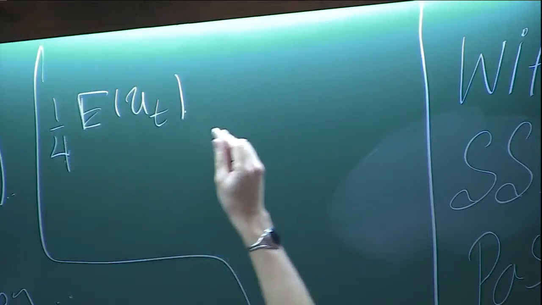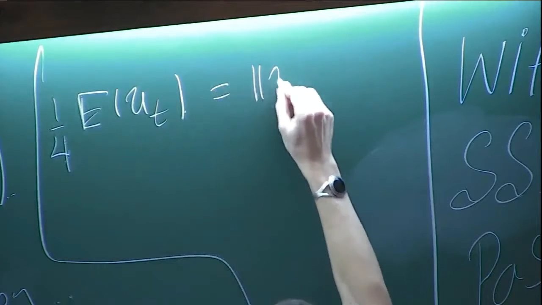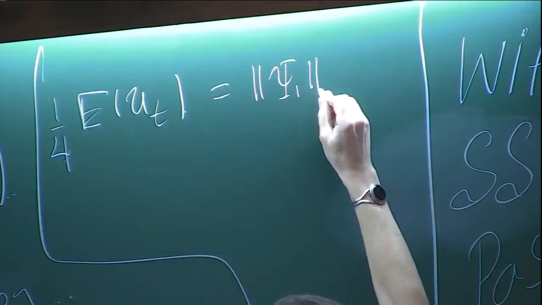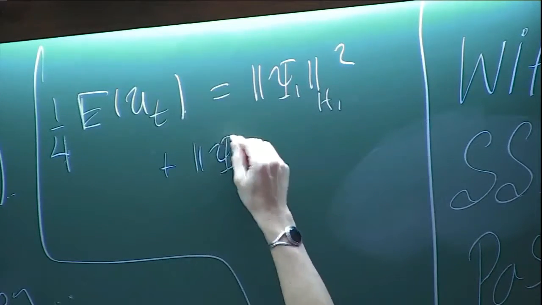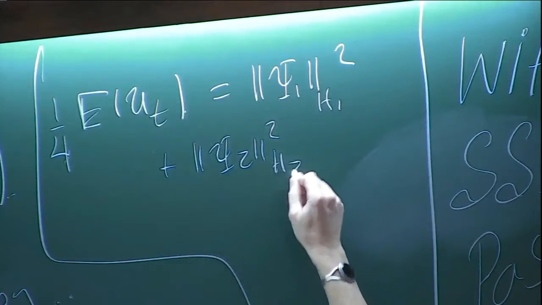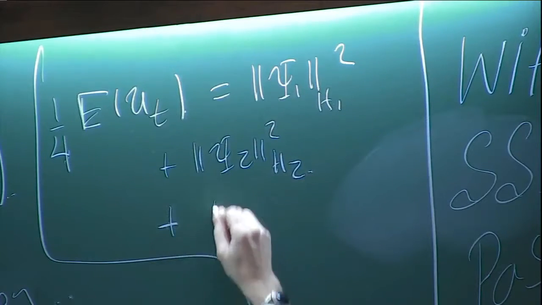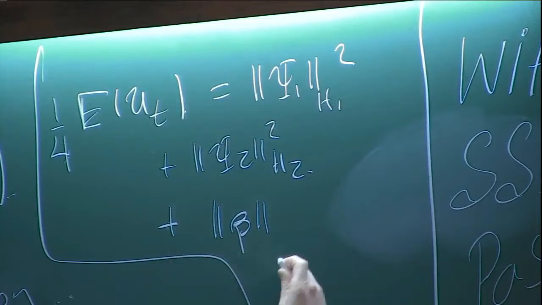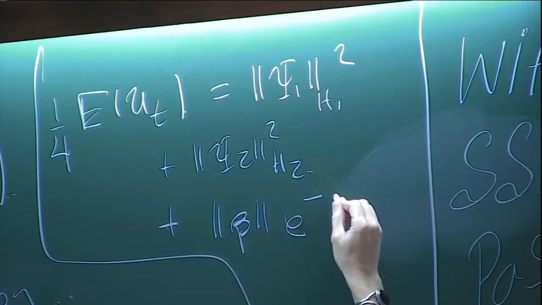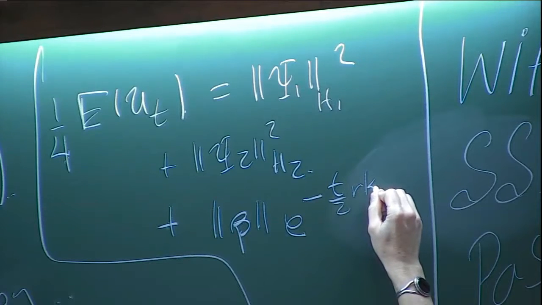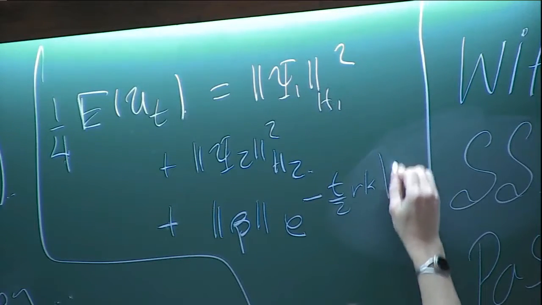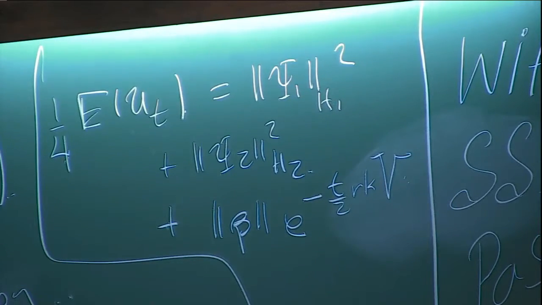It's 1/4 of the norm of psi 1 plus the norm of psi 2, plus the norm of the second fundamental form, t over 2 times the rank of B.